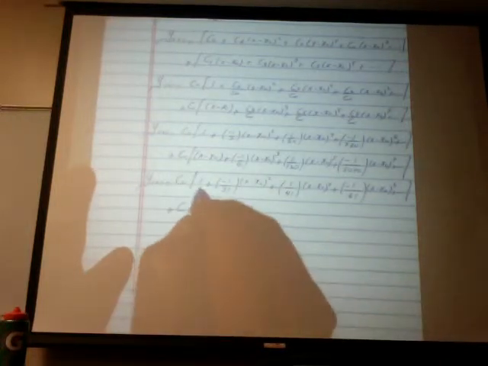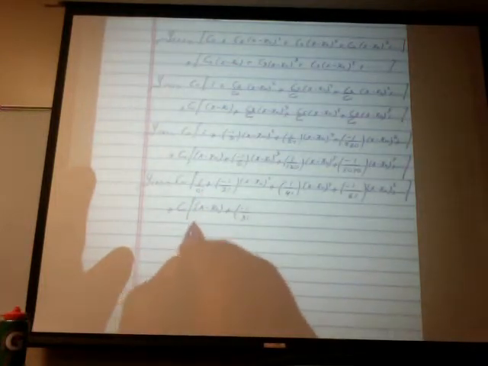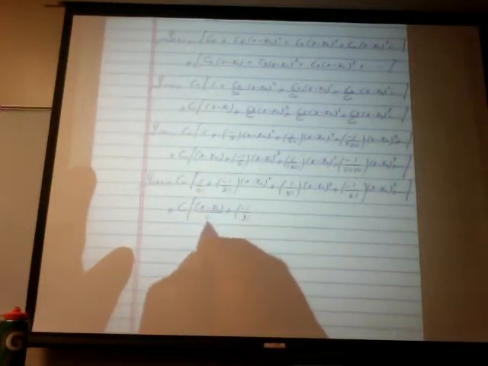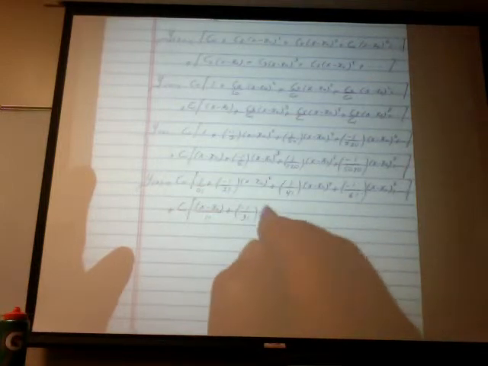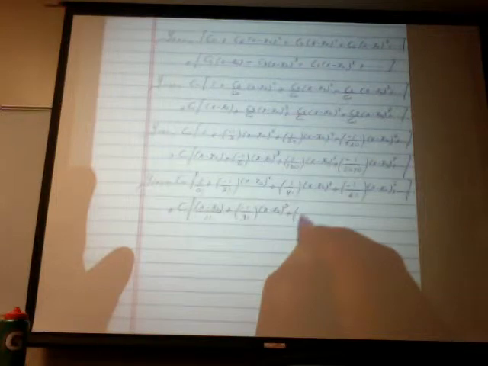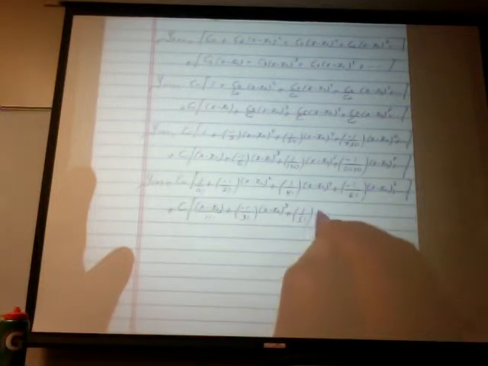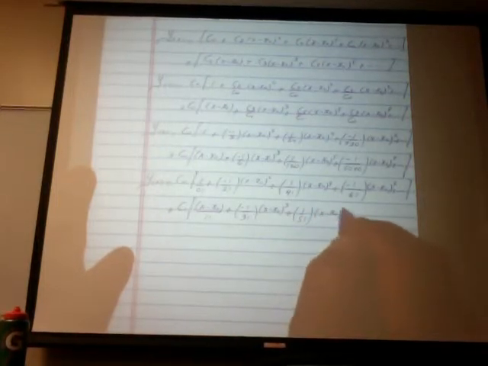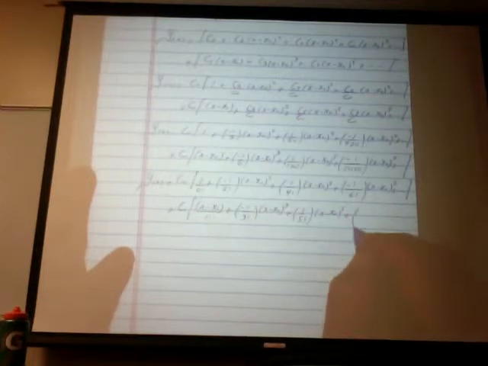And by the way, this is 1 over 0 factorial. And this over 1 factorial. x minus x0 cubed plus 1 over 5 factorial, x minus x0 to the 5 plus minus 1 over 7 factorial, x minus x0 to the 7.